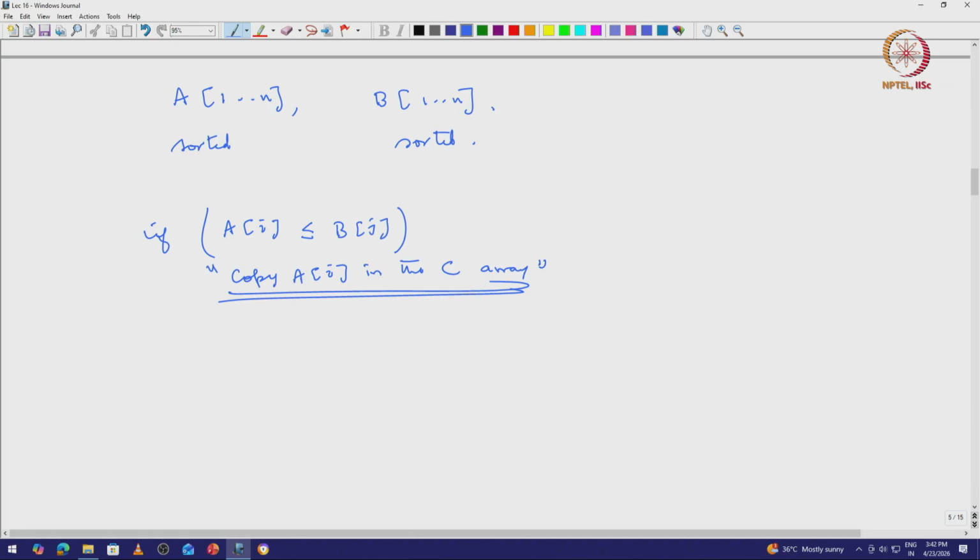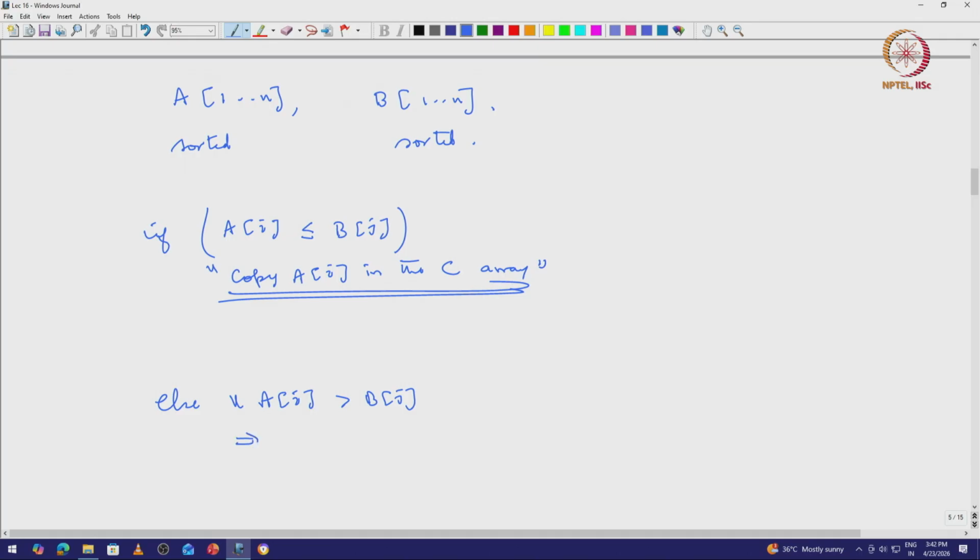What you do is that you move that into the C array because it is smaller than current Bj. All the smaller values have already been moved. So, you are going to move all the values that are smaller as long as Ai is less than or equal to Bj, else Ai is greater than Bj.